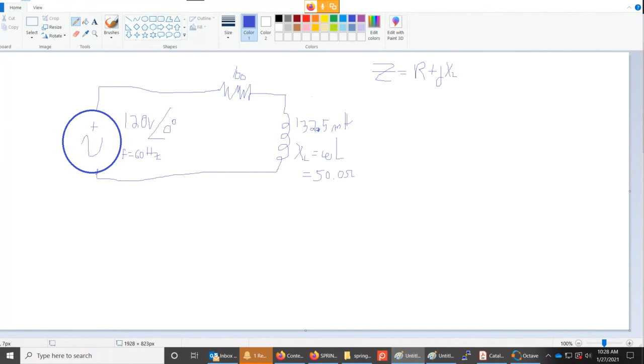So Z is our impedance. Remember, Z is called the impedance. The impedance is the resistance plus all your reactances. And our impedance then is 100 ohms plus j 50 ohms.